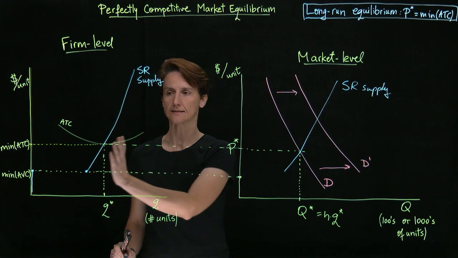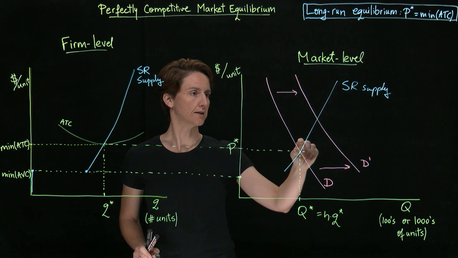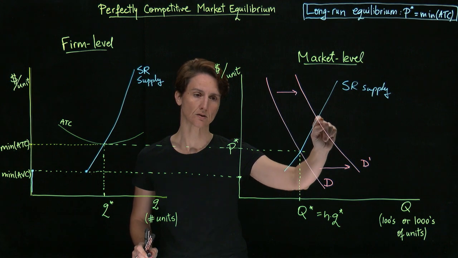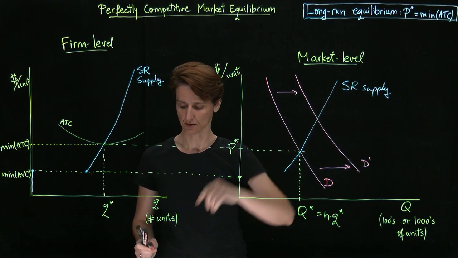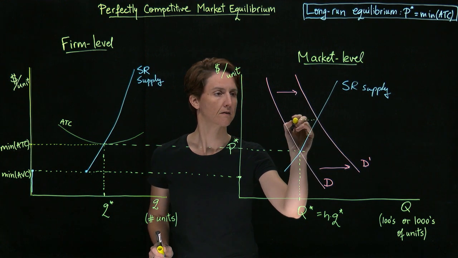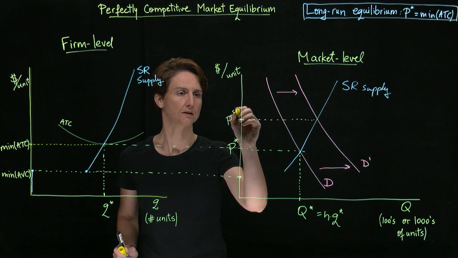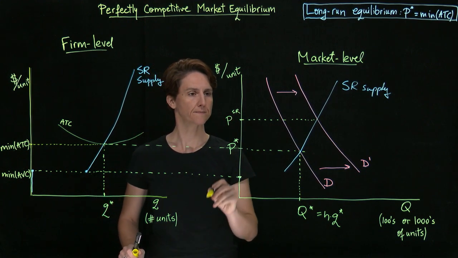Instead, existing firms will adjust along their short-run supply curves, and we will have a short-run equilibrium at a price above P star. We can call that PSR for short-run.